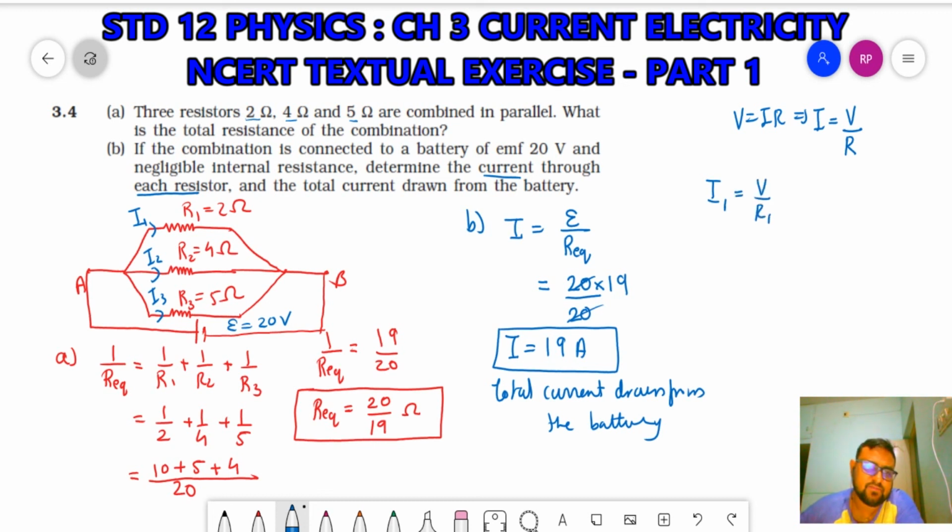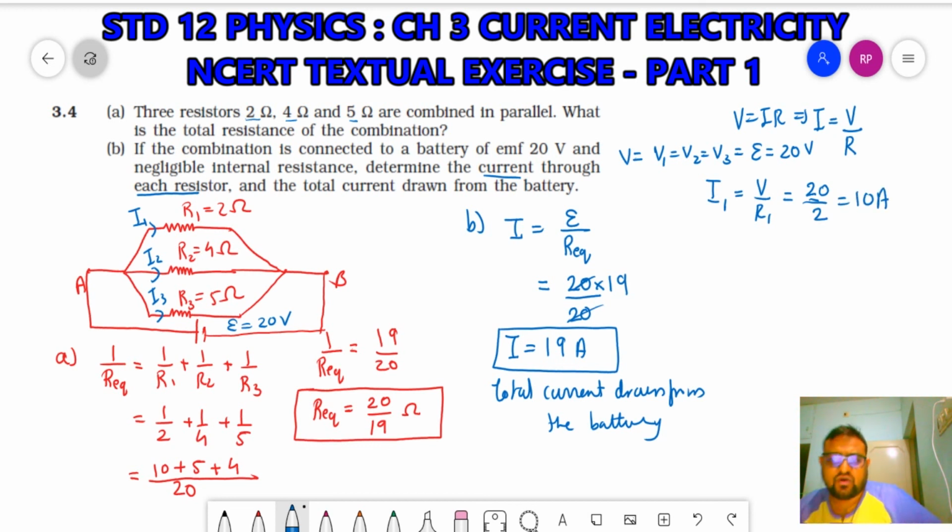Now here see, as these three are parallel, V1 will be equal to V2 will be equal to V3, that will be equal to the EMF of the battery, that is 20 volt. So I'm taking this as V. I1 is V by R1, that is 20 upon R1, which is 2 ohm. So 20 upon 2 is equal to 10 ampere.